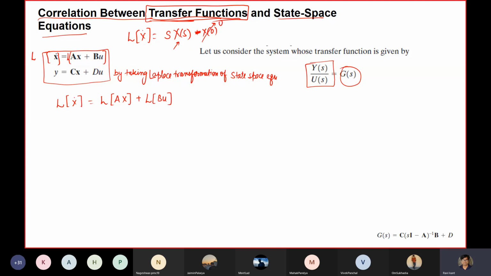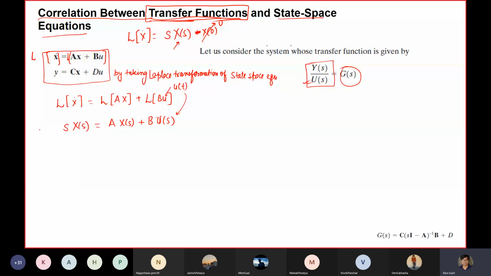So this I can take as sX(s) is equal to A X(s) plus B U(s). So u can also be transformed. This is currently u of t, but while taking the transform it has been transformed to some U(s), which is capital U(s), and which is nothing but this input.